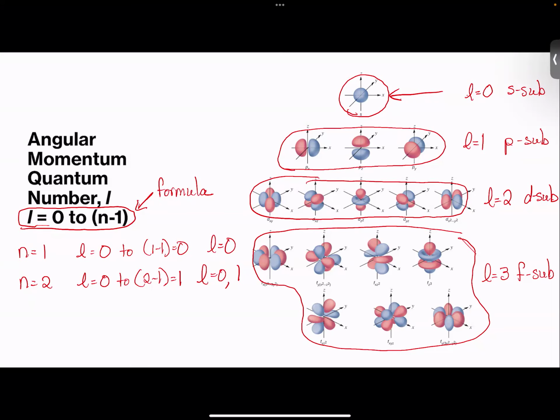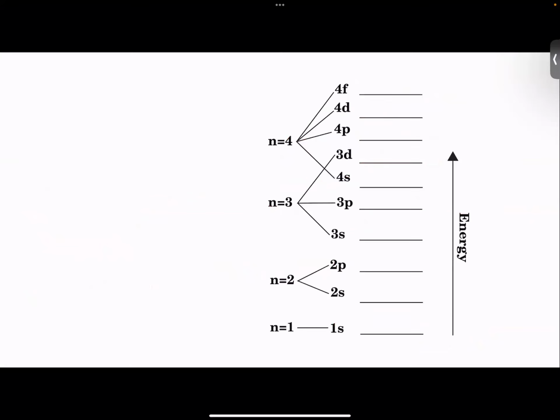So you have your angular momentum quantum number. Now we're getting into the second column here. We talked about n equal to 1, L equals 0. That was its only option. That's why you have just a 1s in the first shell. When n was equal to 2, we had the option of L of 0 or 1.